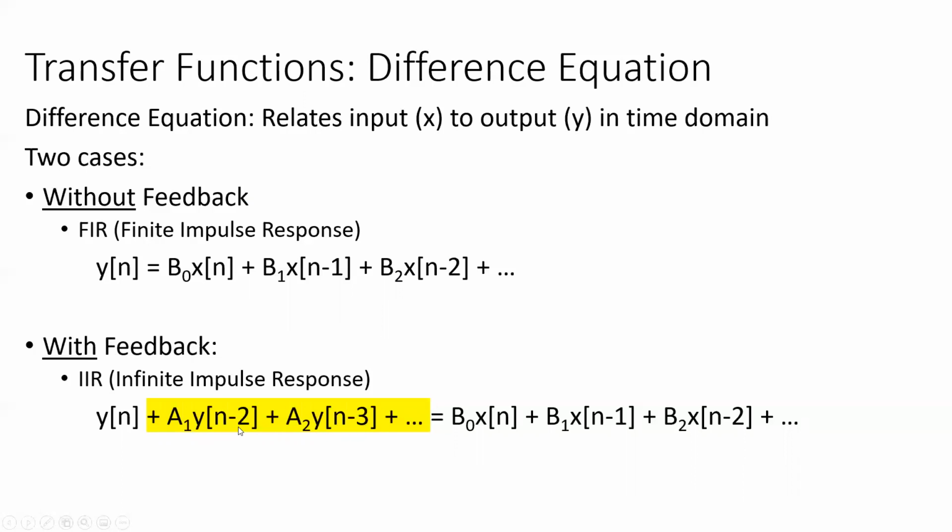That should be a 1 and a 2, but this is still technically correct. If you imagine subtracting these two terms to the other side, your output is a combination of your inputs scaled and shifted in time, and also what it used to be as the output.